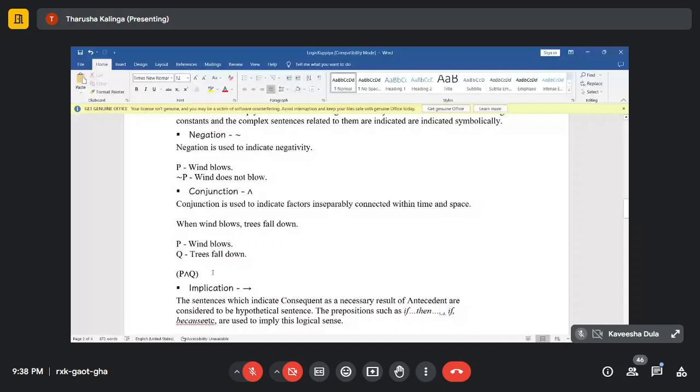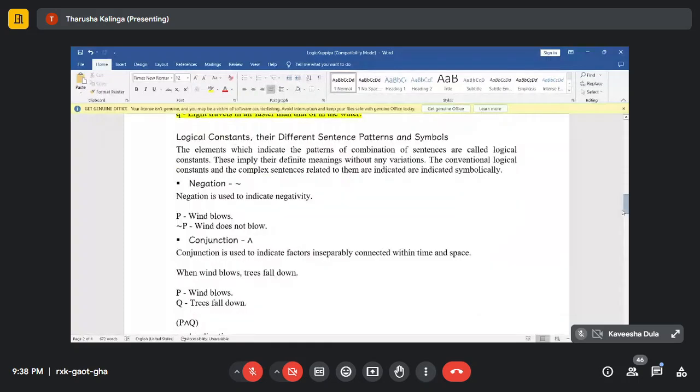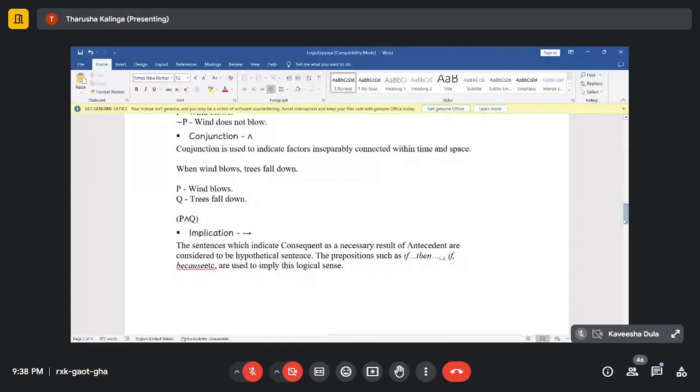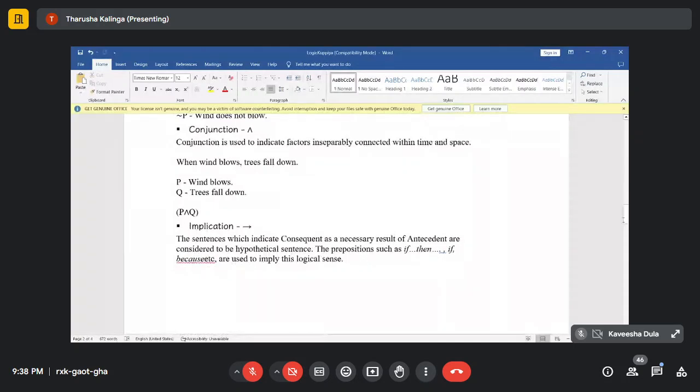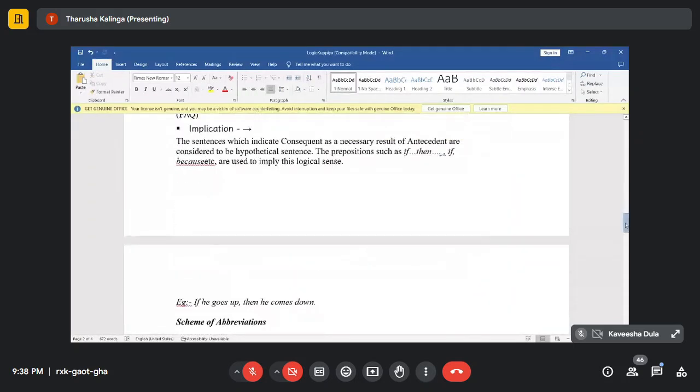Okay, and always keep in mind how to use brackets all the time, because a lot of ambiguity is there if you don't use brackets properly.